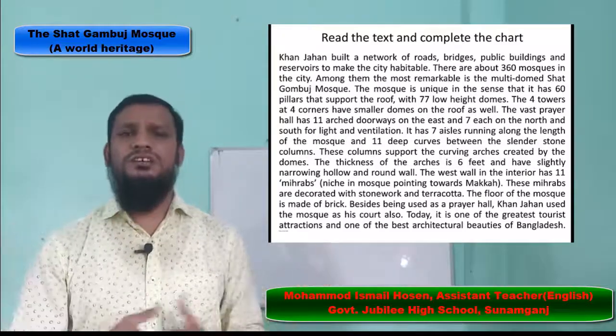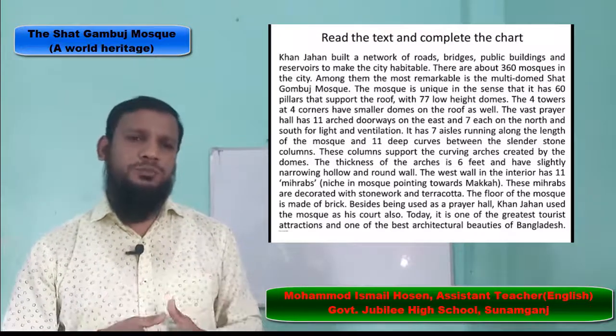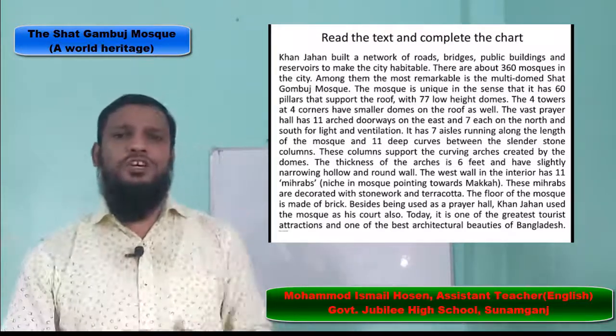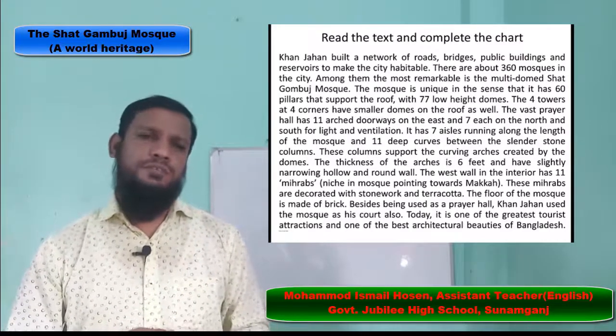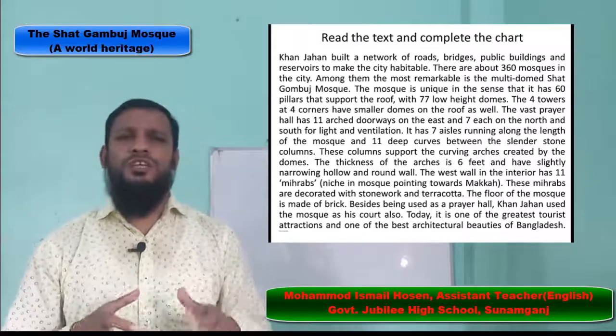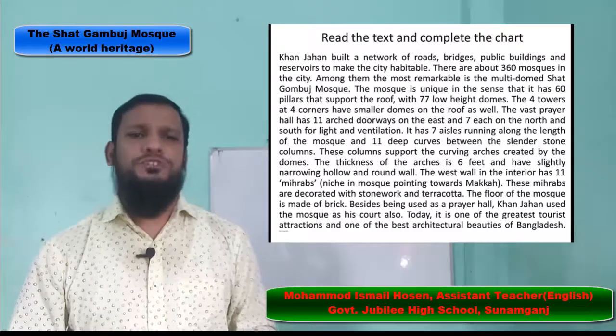It has 7 aisles running along the length of the mosque and 11 deep curves between the slender stone columns. These columns support the curving arches created by the domes.